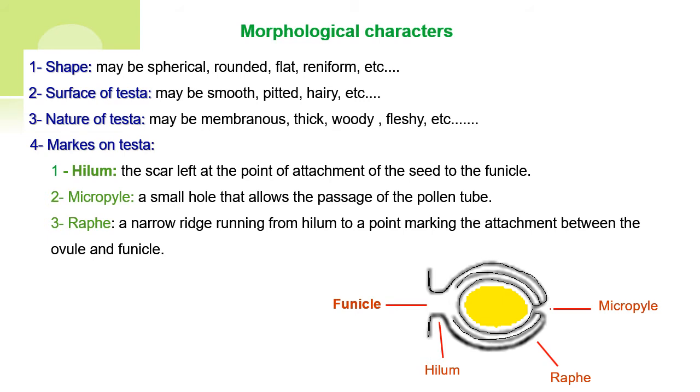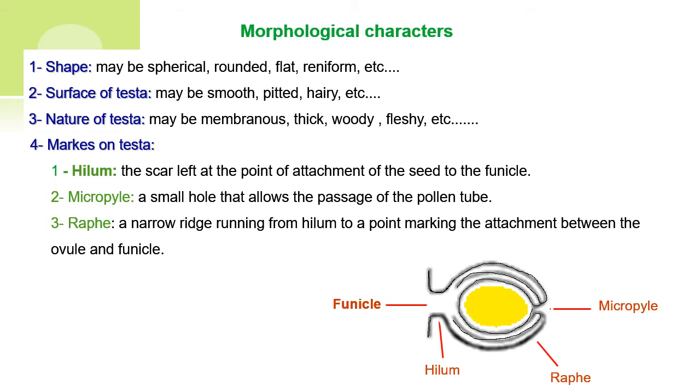The raphe is a narrow ridge running from the hilum to the point marking attachment between the ovule and funicle. So attachment of the funicle and the ovule wall will change the type of structure of the tissues in this attached area, forming a raphe.